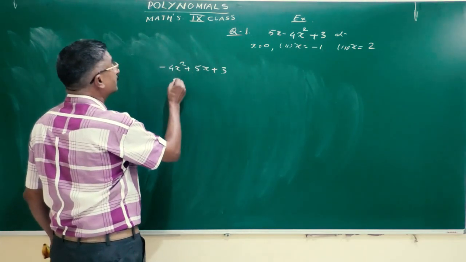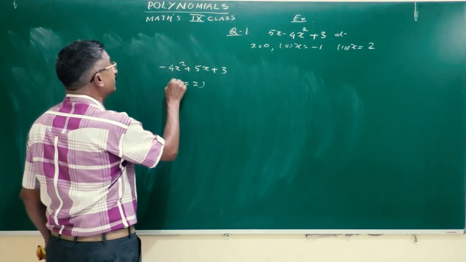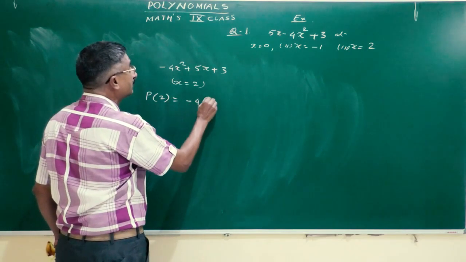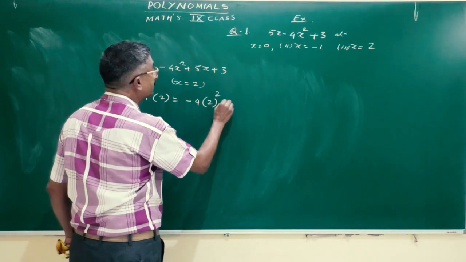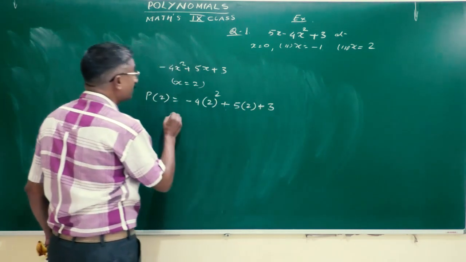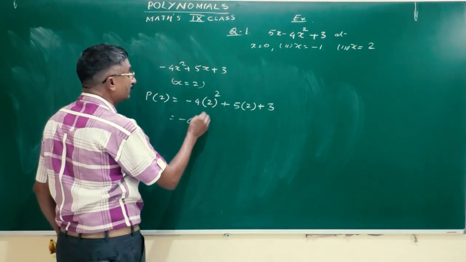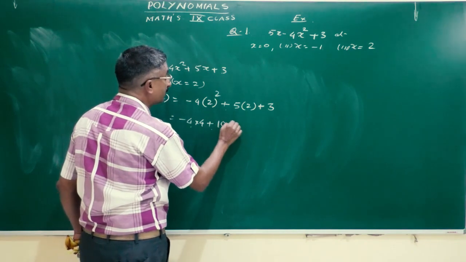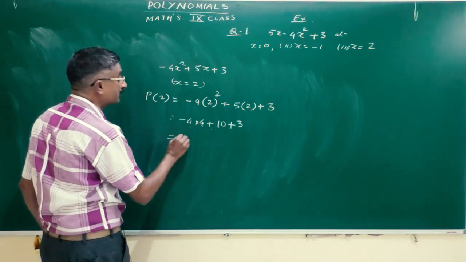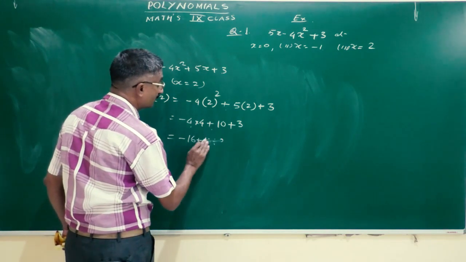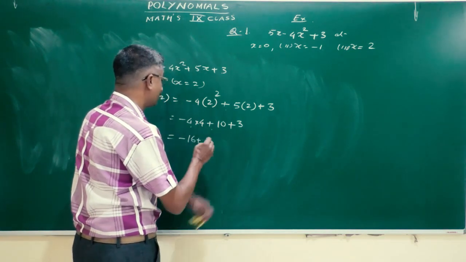So x is equal to 2, which means p of 2 is equal to minus 4, substituting the value of x, into 2 square plus 5 into 2 plus 3. So this is minus 4, 2 square is 4, plus 5 into 2 is 10, plus 3. So this is minus 16 plus 10 plus 3, I can write directly 13.